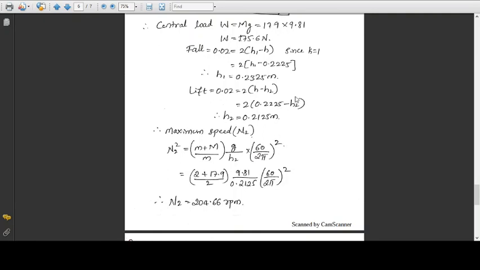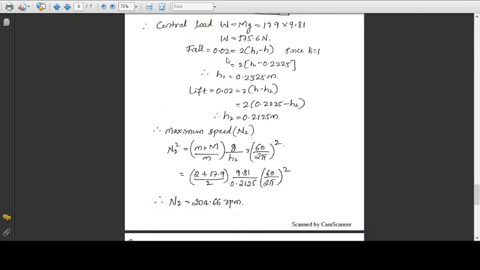If you consider the sleeve movement, plus or minus 0.02 meter, for the fall of the sleeve it is given by 2 into (h1 minus h), because k value is 1 here. Here h1 is the height at the radius r1, minus h, the height when the governor is rotating with the mean speed.